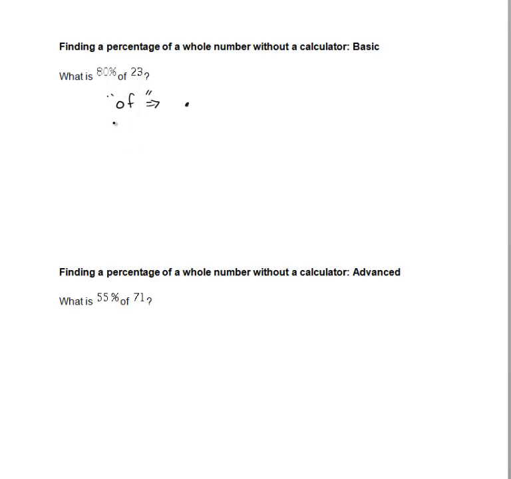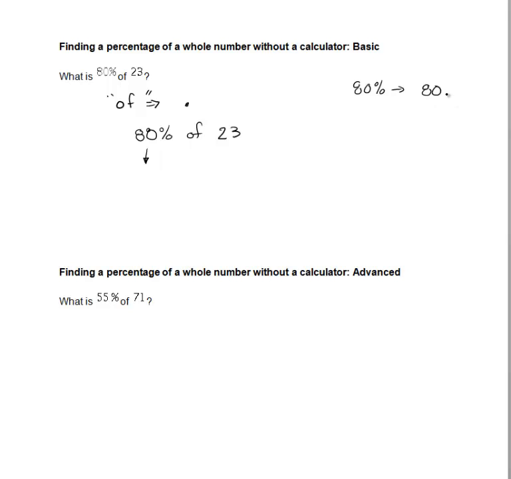Okay, so if I say 80% of 23, I first convert 80% into a decimal. Remember to convert it to a decimal: I remove the percent sign and I make it just 80.